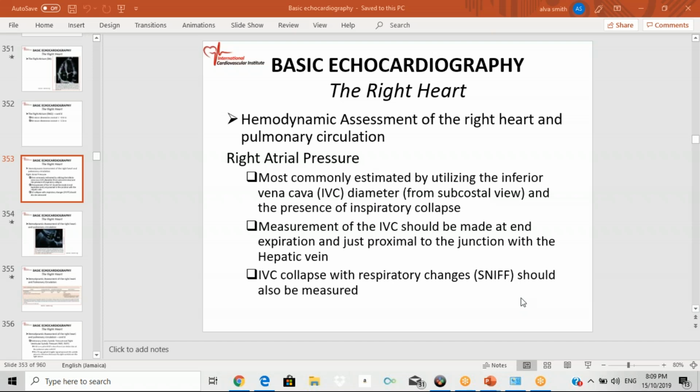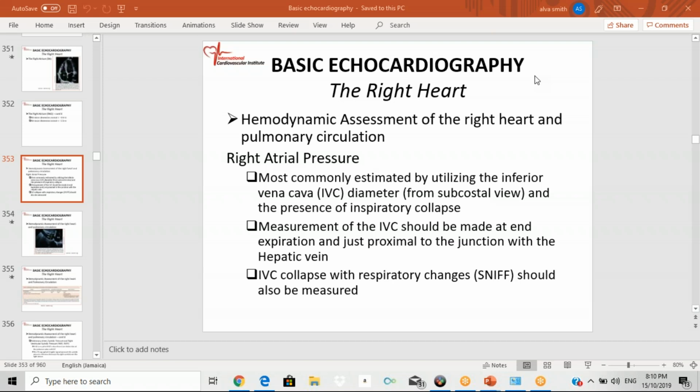And we look at hemodynamics, because hemodynamics is also very, very important. We can measure right ventricular systolic pressure, and hence pulmonary artery systolic pressure if there is no obstruction across the right ventricular outflow tract, or the pulmonary valve.